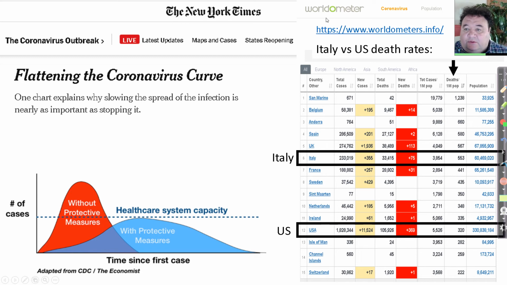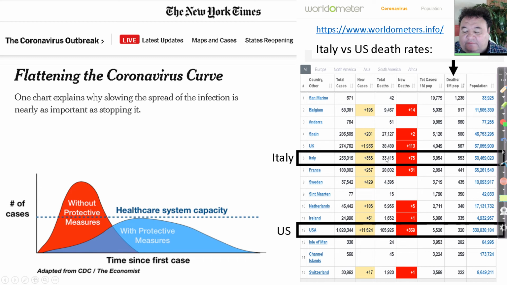So the Worldometer website already provides easily a table like this. It's a nice interactive table. You can sort the data by deaths per million population, so it can already start to normalize the data with respect to the size of the country. And under this metric, we can see that Italy has been affected quite a bit.